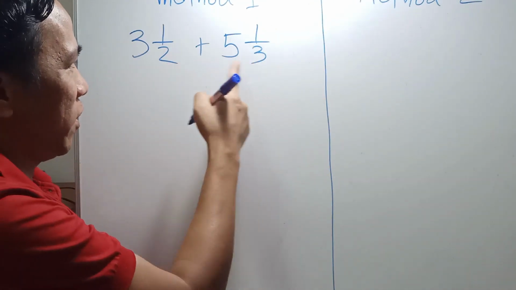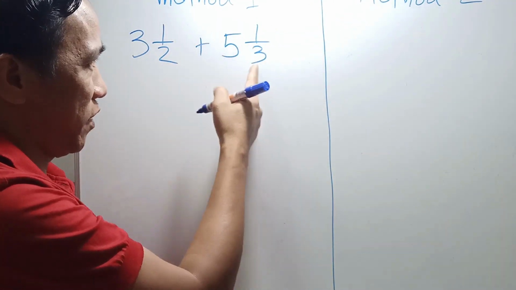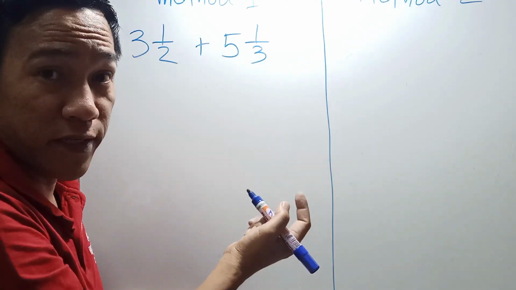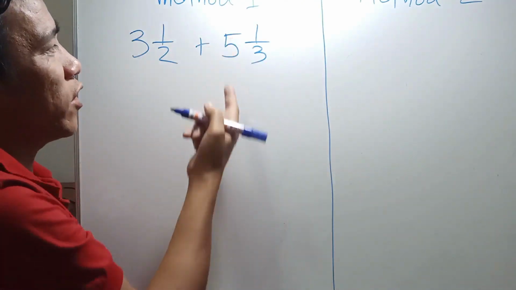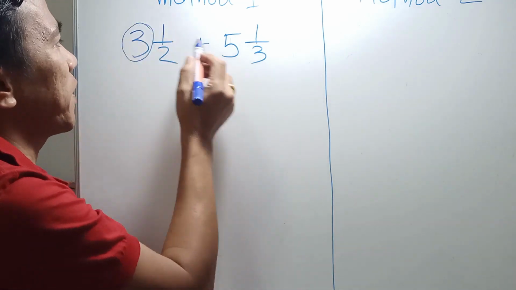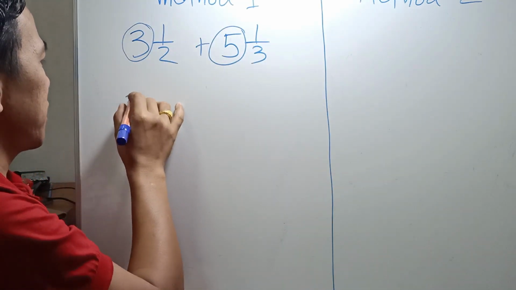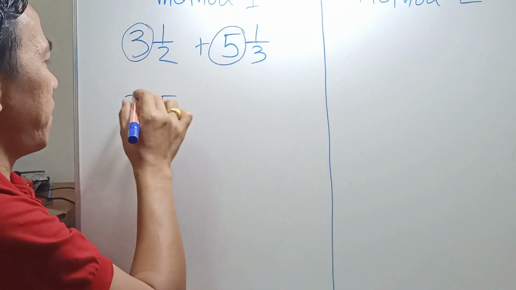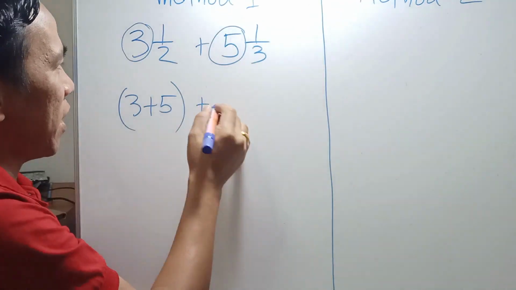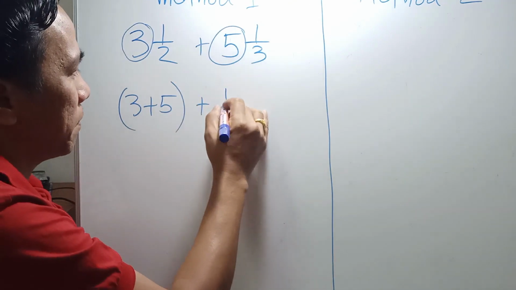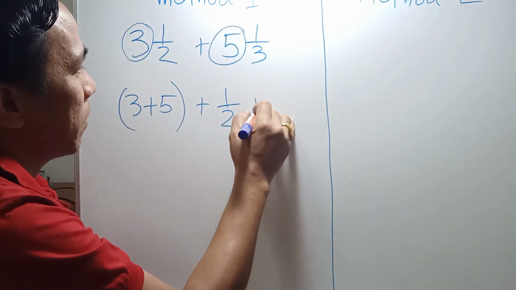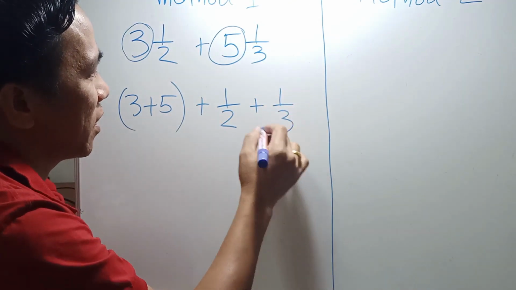So the denominators of these mixed numbers are different. So in method 1, we just add the whole numbers first. So that is 3 plus 5, in brackets, plus 1/2 plus 1/3. Okay.